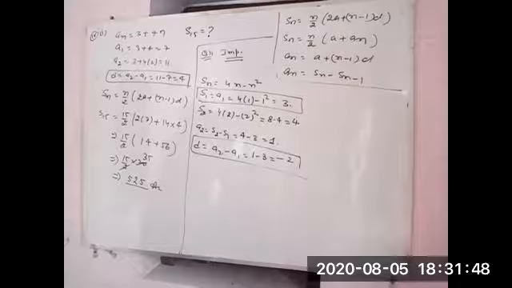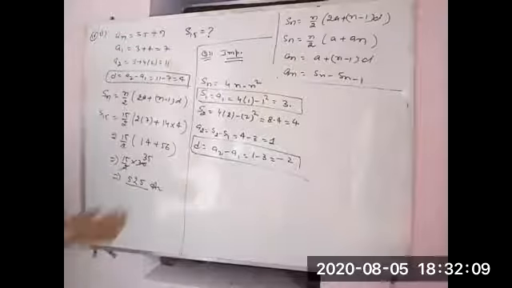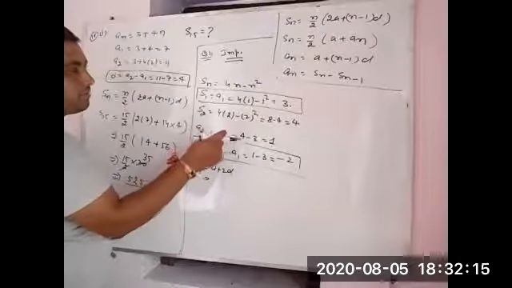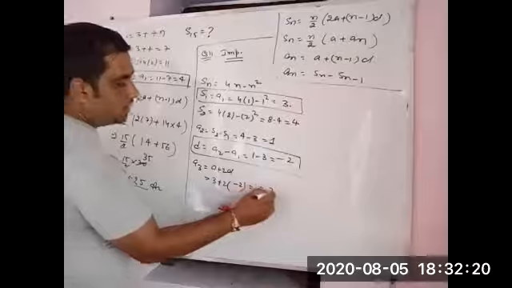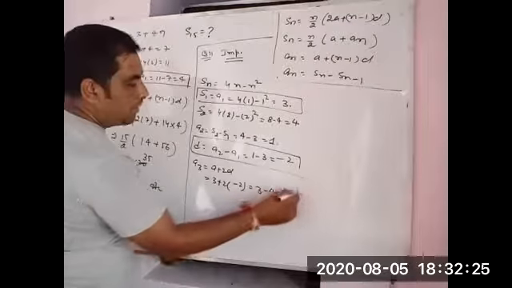Okay, so now what we have to find in this question? First they were asking about the first term, S1, we have already found out. Sum of two terms we have already found out. Second term we have already found out. d we have also found. Now we have to find the third term, the tenth term, and the nth term. Okay, first of all the third term a3, a plus 2d, value of a is 3, d value is minus 2, 3 minus 4, it will be minus 1.